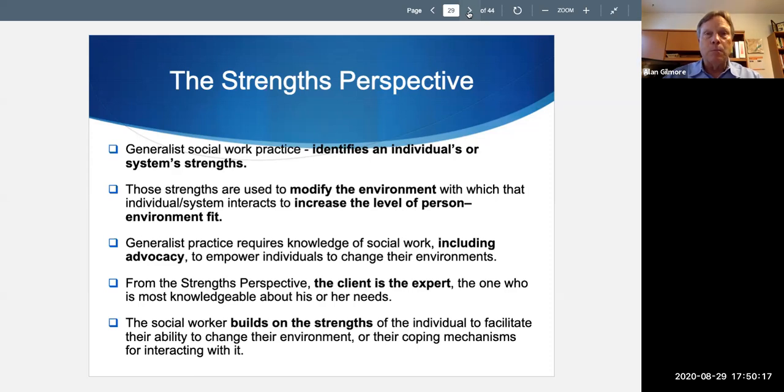So let's give you an example. Perhaps you have a client who comes in and has been experiencing severe depression, anxiety around the loss of a job.